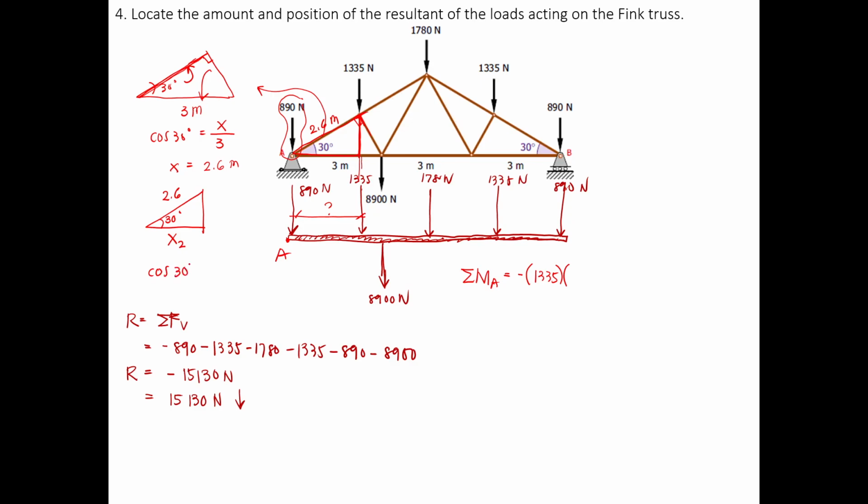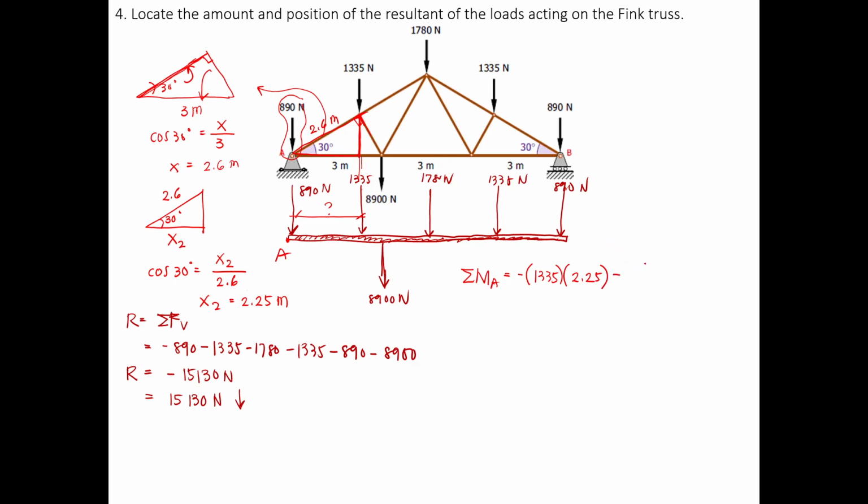Cosine 30 degrees is equal to x sub 2 all over 2.6. So x sub 2 is equal to, so that will be 2.25 meters.